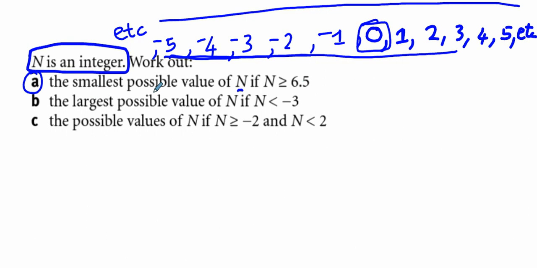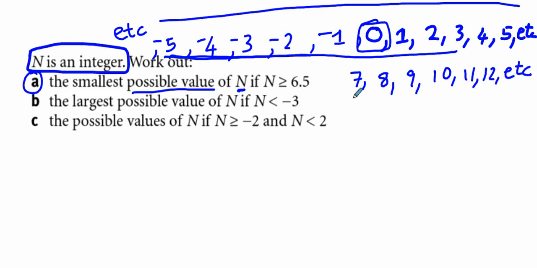Work out the smallest possible value of an integer n which is greater than or equal to 6.5. Now, let us see the integers which are greater than 6.5. Those integers are 7, 8, 9, 10, 11, 12, and so on.